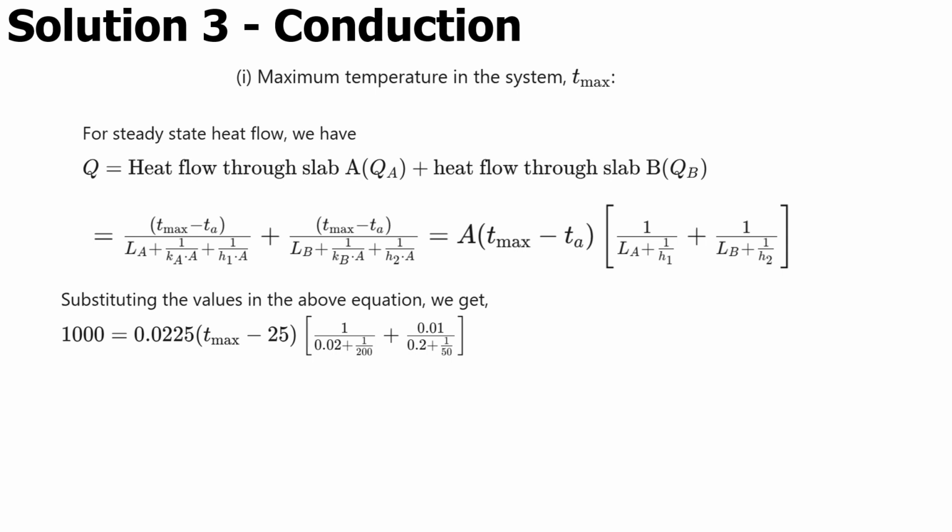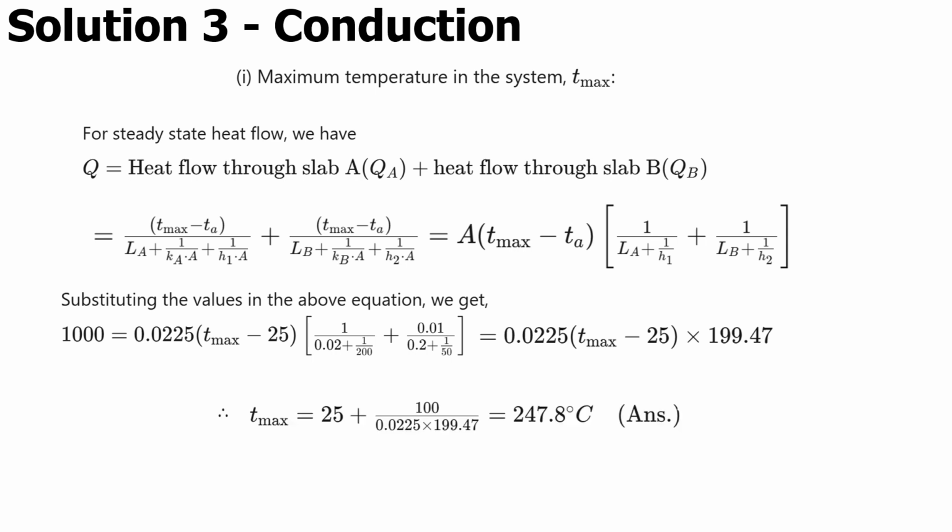Once we do that, after calculating the terms within the brackets, the equation simplifies so that we end up having the value that is shown there, and rearranging and completely solving the equation, we find Tmax is equal to 247.8 degrees Celsius, and this is the highest temperature within the entire system, occurring at the interface where the heater is located.